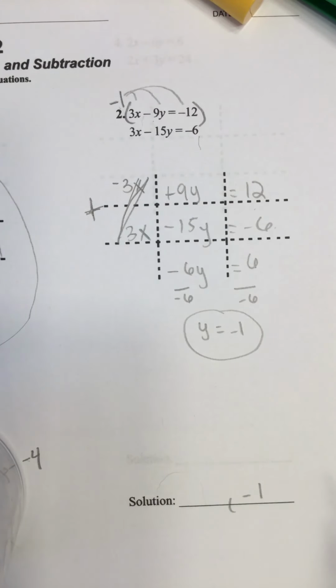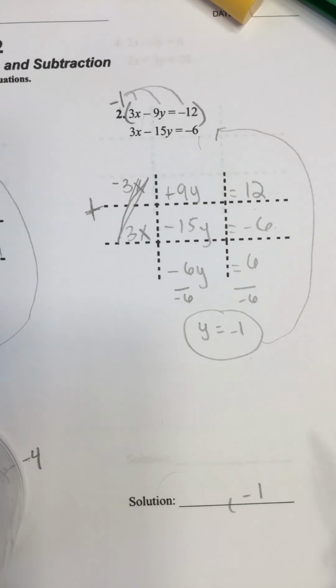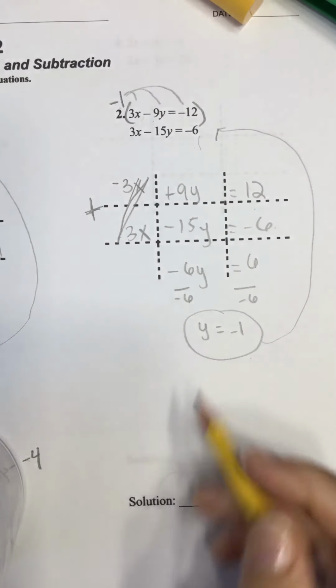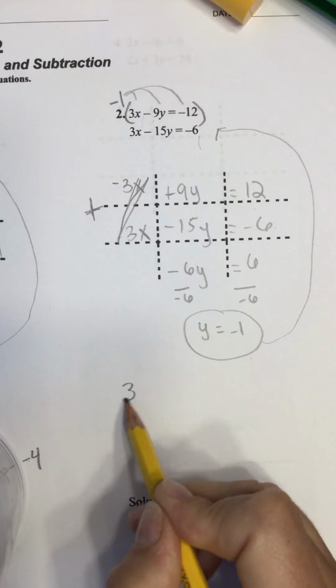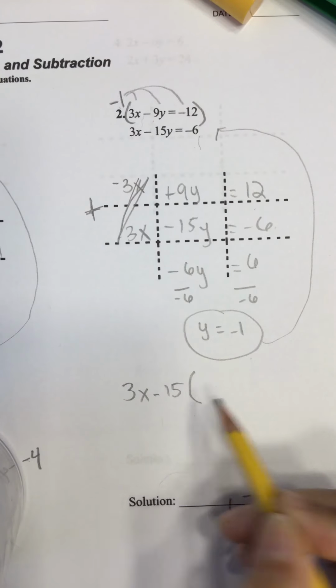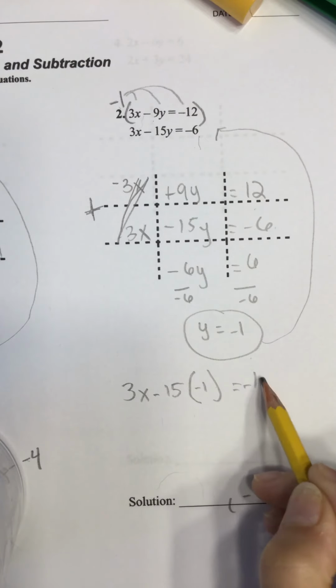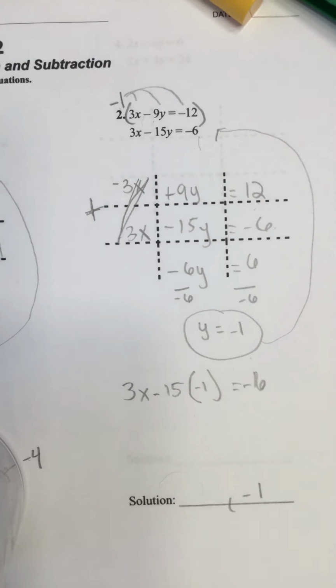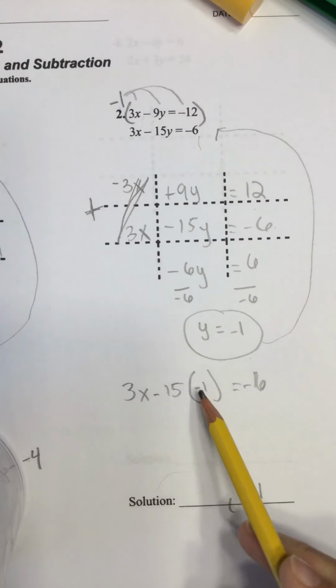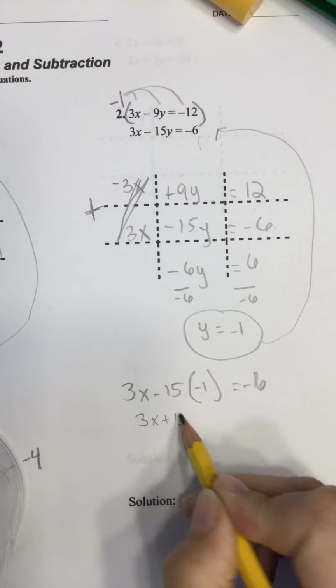Okay, so now I need to find my x. So I'm going to take my y and plug it back into one of these problems. So I'm going to plug it into the bottom one, and when I do that, I have 3x minus 15 parentheses. Instead of y, I have -1, equals negative 6. Negative 15 times a negative 1 gives you a positive 15.